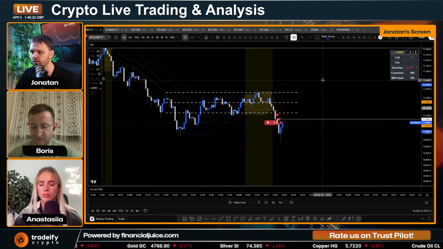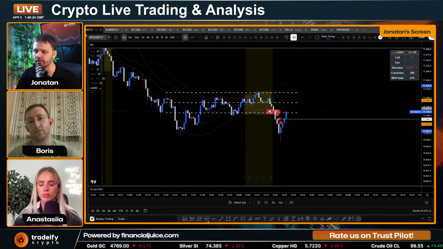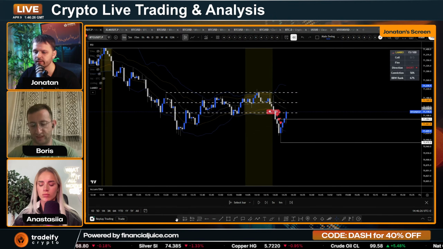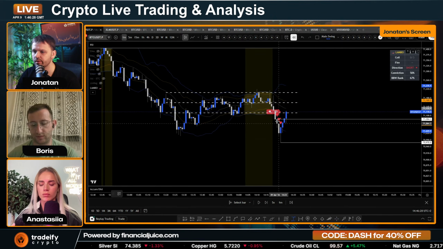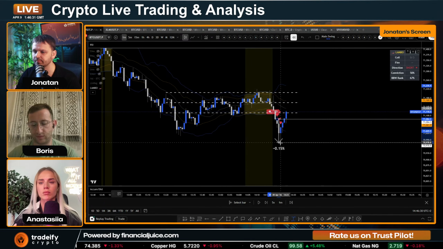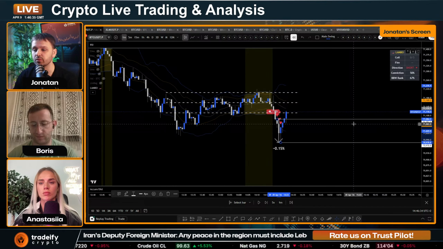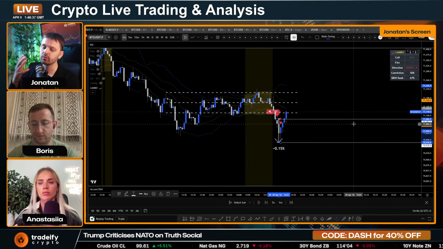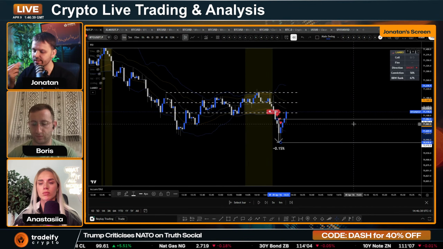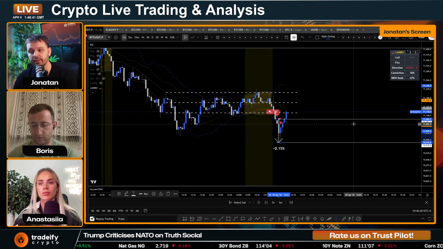So what's the low before it comes up to that level again? So it's down here. So if we measure that move, we see that it has a 0.15% move to the downside.